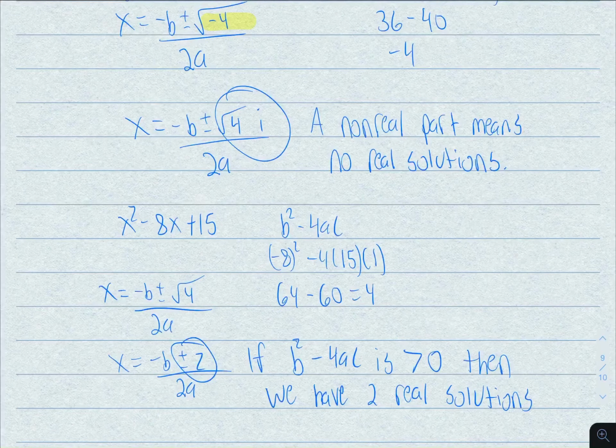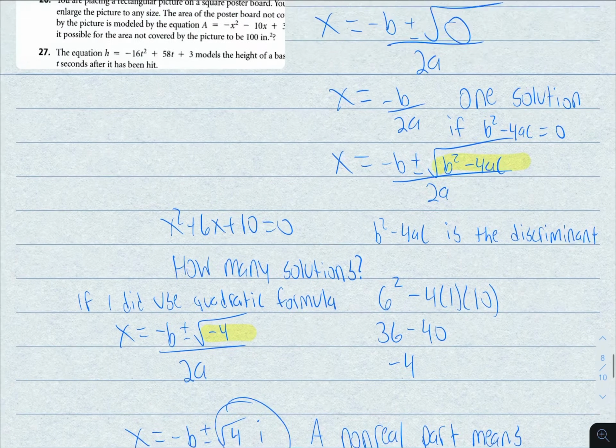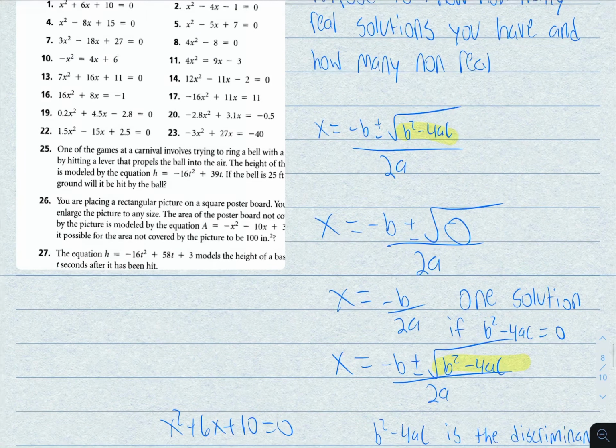Anytime you square b and you subtract 4ac, if it's bigger than 0, then that quadratic is going to have two real solutions. Up here, we said that if b squared minus 4ac is equal to 0, then you only have one solution.